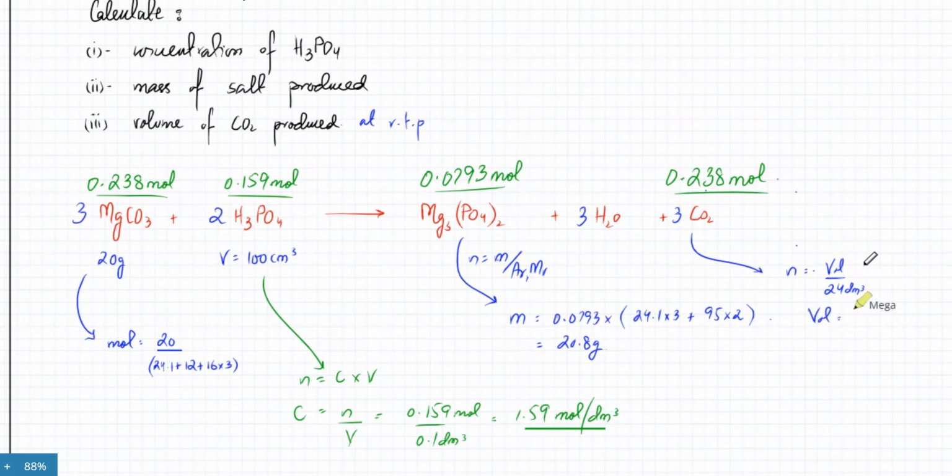So the volume of the gas would be 24 dm cube multiplied by 0.238. What do we get for that? So it's 5.712 dm cube.